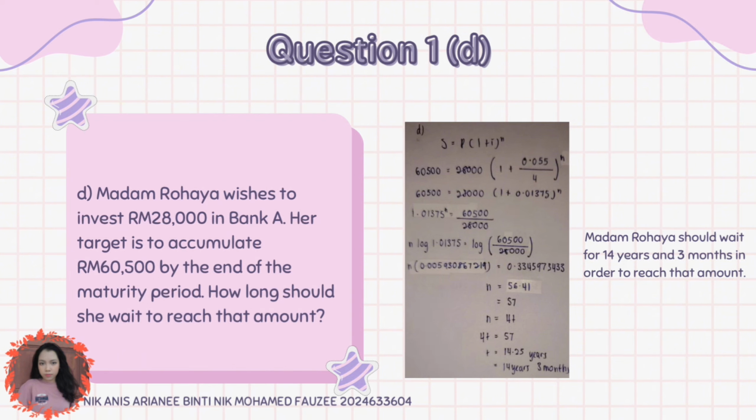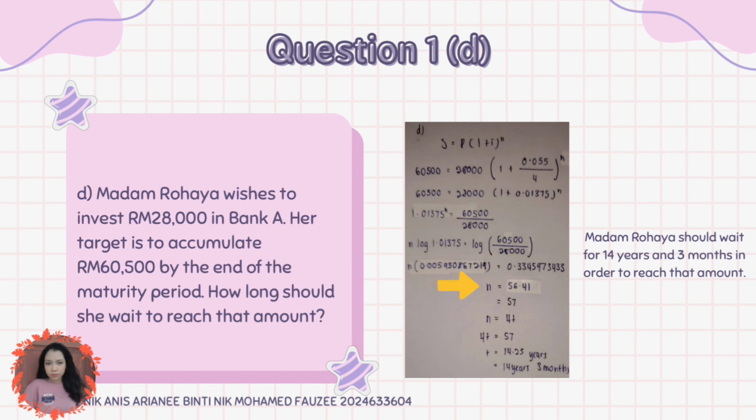After we calculate, we will get n equal 57.